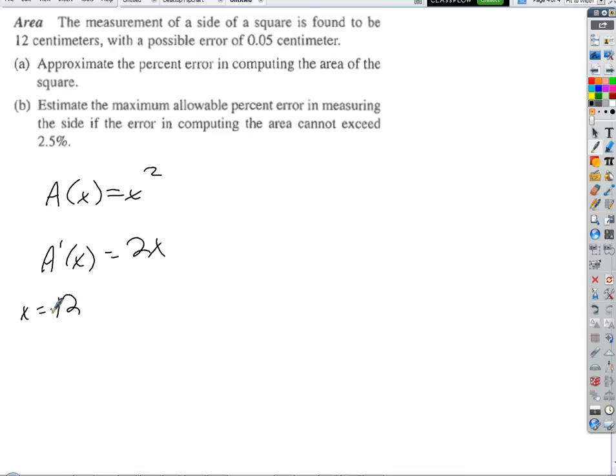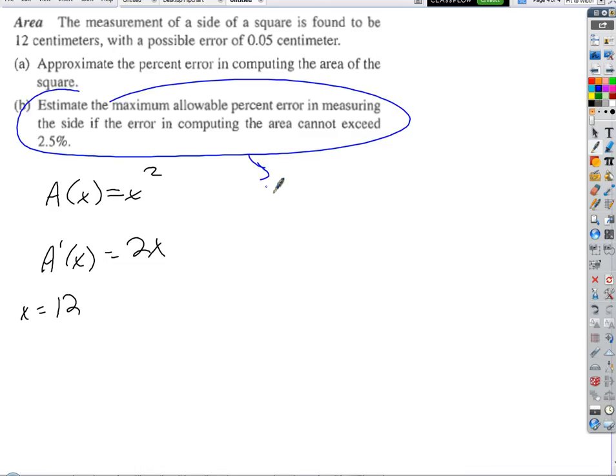Does everybody see that these statements are equivalent? That whole thing corresponds to the math inequality: dA over A must be less than or equal to 0.025, because this says percent error, or relative error, but we'll just write it as a decimal. They wrote it as 2.5%, which as a decimal would just be 0.025. We good with that?